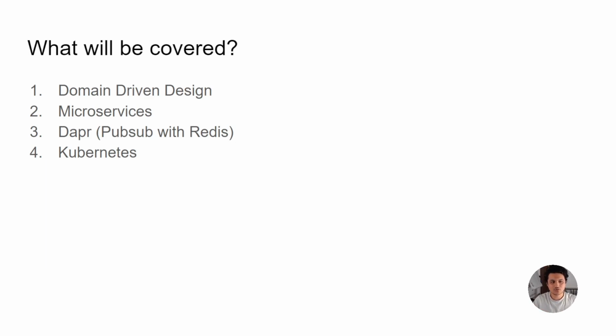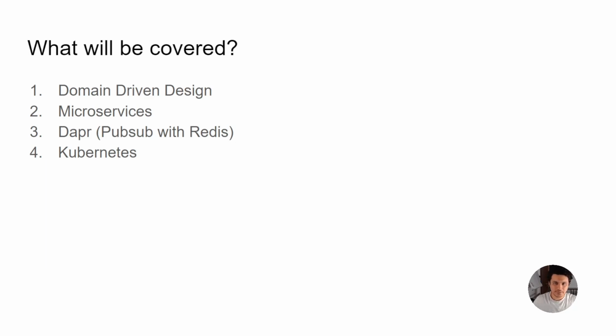And I'm also going to explain Dapr. Dapr is what will make our microservices isolated. With Dapr, the service will not know about the other services and will not know about the infrastructure you are using. For example, for publishing events and subscribing to events, we are going to use pubsub, and for the pubsub, we are going to use Redis pubsub.